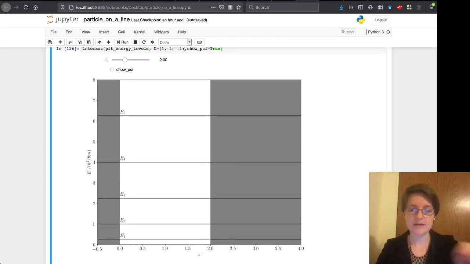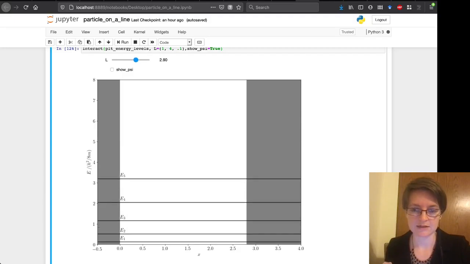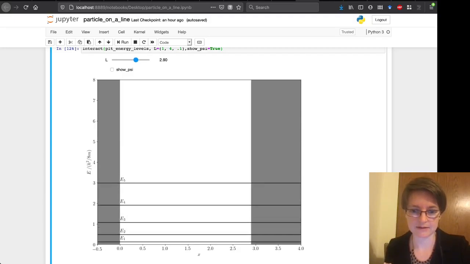So here would be our energy level diagram for the particle in a box. I have labeled each of these energy levels with its appropriate subscript. And if you remember what I mentioned earlier, our energies are going to get smaller as our box gets bigger. Let's go ahead and see that happen in practice.